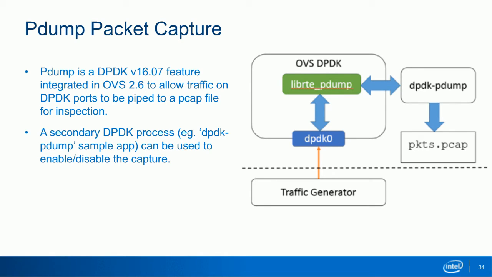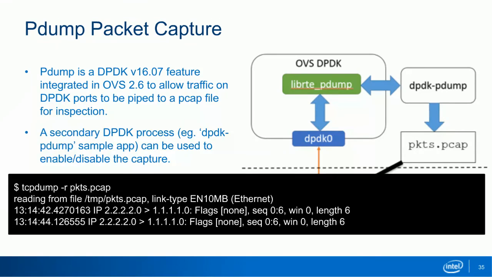We can see on the right-hand side that the DPDK pdump will capture traffic hooked into OVS DPDK and output it to a PCAP file. Once you have this PCAP file, you can use your favorite packet viewer, such as Wireshark or tcpdump, to read it and see the traffic that has passed over the DPDK ports.